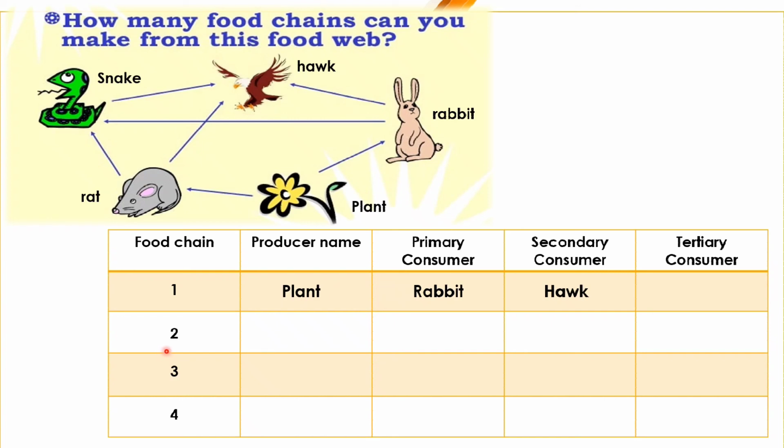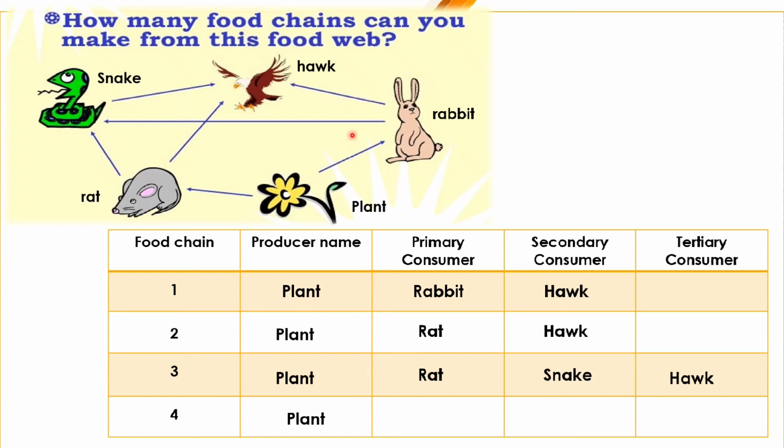So let's go to number 2. Again, plant is our producer. After that, we have the rat, and then the hawk. For number 3, again we have plant, and then the rat, and the rat will be eaten by the snake, and the snake will be eaten by the hawk, which is our tertiary consumer.